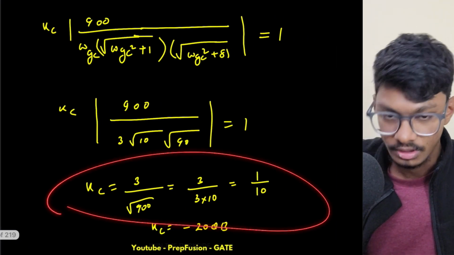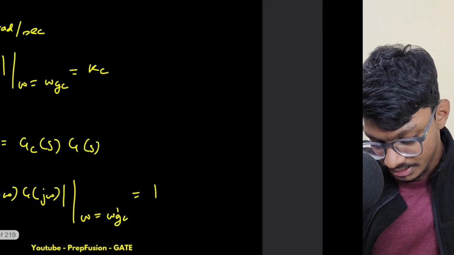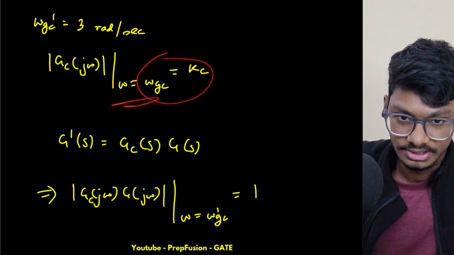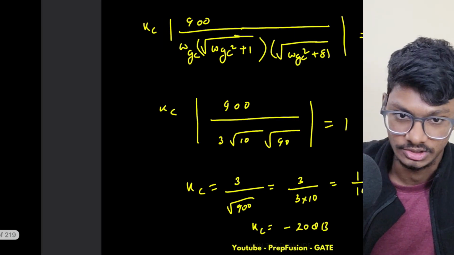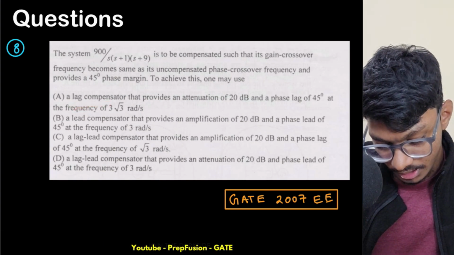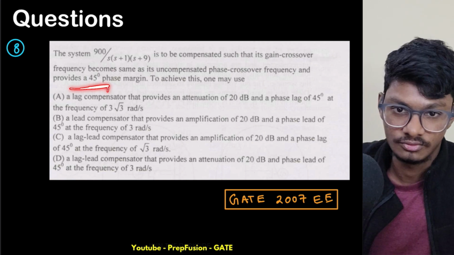Now remember, the controller gain Kc at this frequency omega gc should provide an attenuation of minus 20 dB. Now let's read the options again. It has asked us which one we should use, which provides a phase margin of 45 degrees.